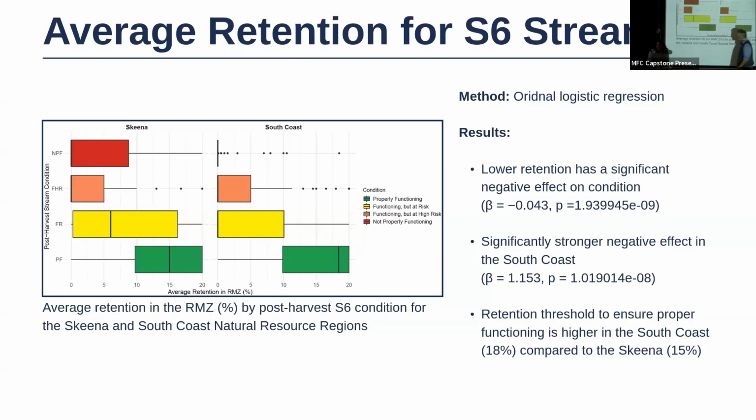When I was working, I was mostly doing pre-logging operations, so I didn't actually get to see the condition of streams afterwards. As someone who helped employ these protections, I tried to follow what was prescribed and, to the best of my ability, leave a little bit more of a buffer as well.